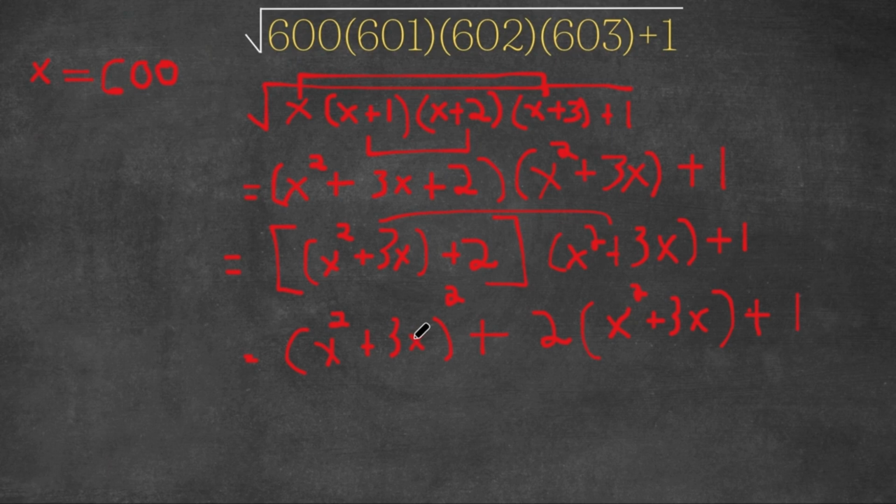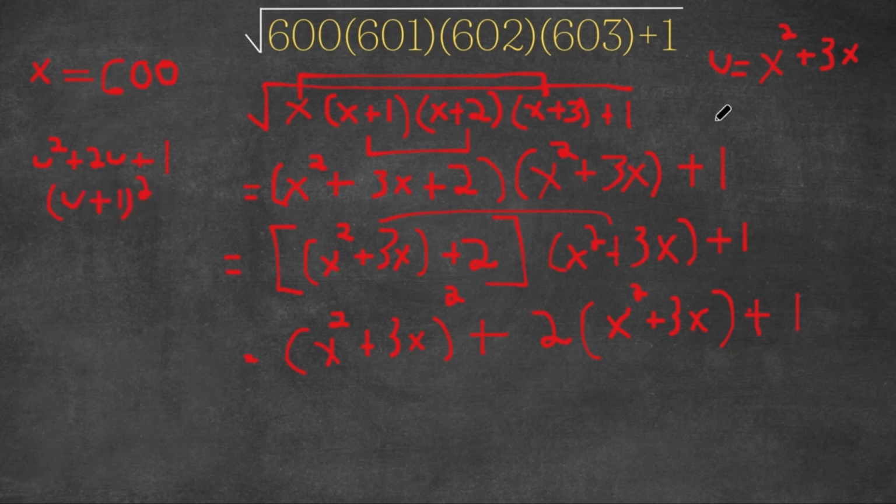So now that we have this, let's say that u is equal to x squared plus 3x. Then this would turn into u squared plus 2u plus 1. And this is equal to u plus 1 squared, right? This is equal to u plus 1 squared.